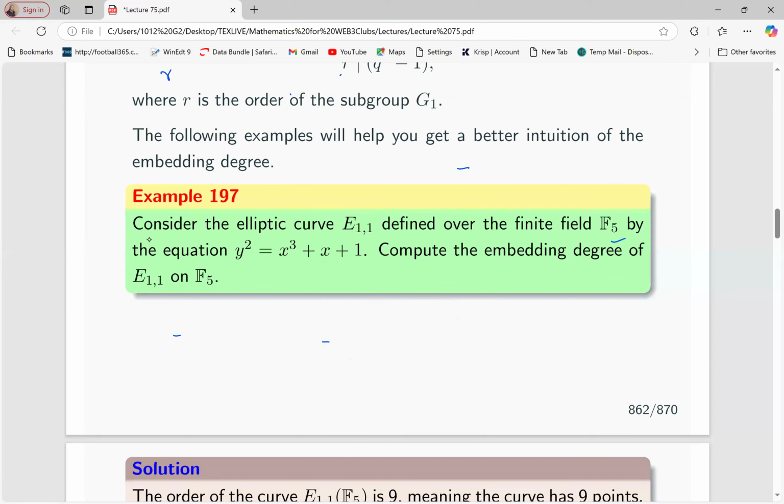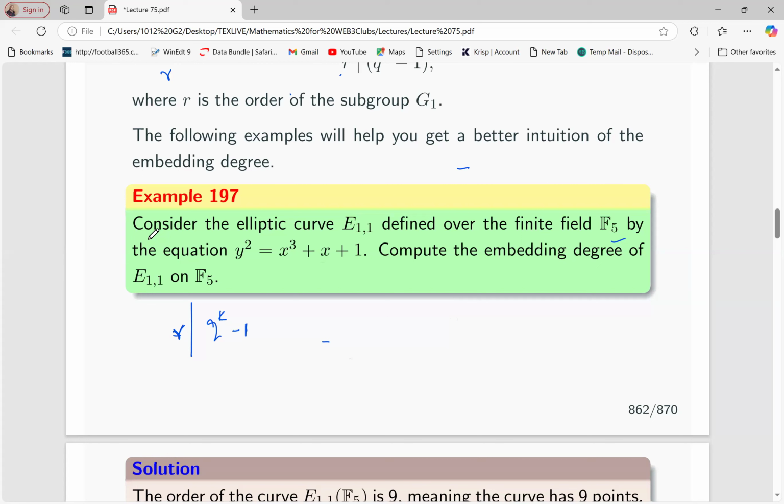Embedding degree is the K that will allow R to divide Q raised to K minus 1, the smallest of them, because there could be several Ks that will allow R to divide this. But not all of them are what we call the embedding degree. The embedding degree is the smallest of them all.